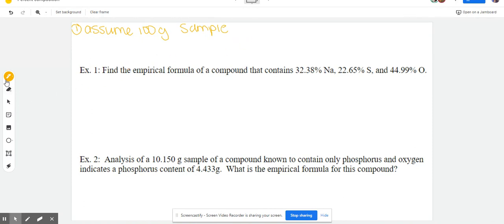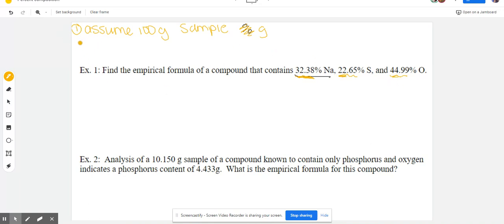When you're given these percents in the problem, like this 32.38% sodium, we're going to take that percent, scribble it out, and replace it with a G. That's the fancy step. The reason we are assuming a 100-gram sample is that if these percents were all describing percentages in a 100-gram sample, then this is not 32%. It's going to be 32 grams, 22 grams, 44 grams. So that's all that part means.